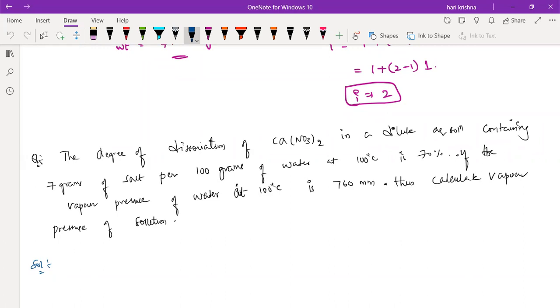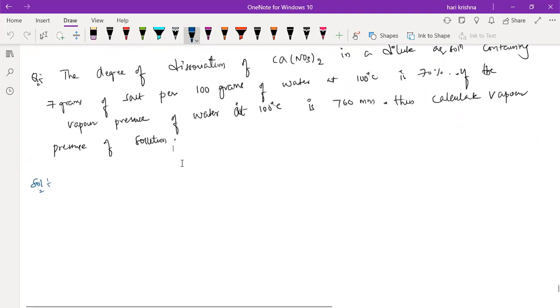Did you understand the problem or not first? The degree of dissociation they have mentioned is 70%. So alpha is equal to 70% you have to take. That means 70 by 100.